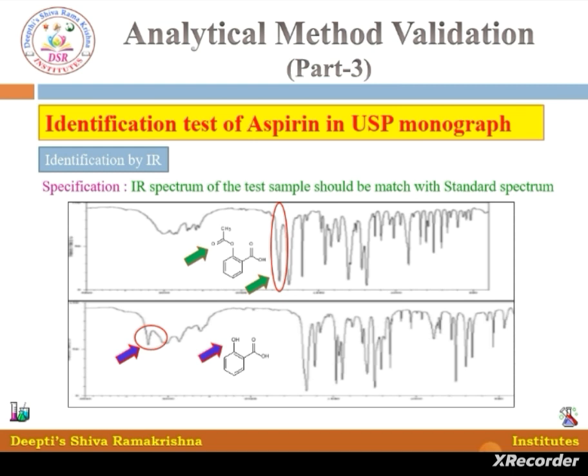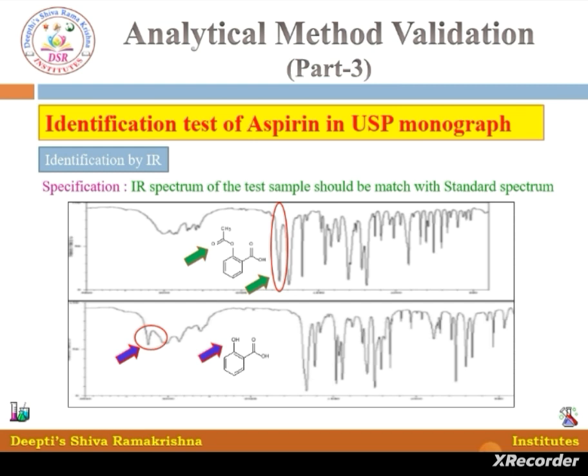So by using this IR technique, both the spectrums can be separated. If you have the impurity of salicylic acid in the aspirin sample, then the correlation will fail. Hence we can separate if there is any impurity available in the aspirin.